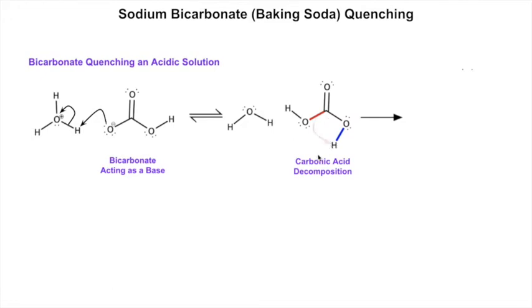It decomposes to, in this mechanism, this is what I believe the mechanism is, because it's so quick, I'm thinking it's got to be unimolecular. And what it'll do is create more water, not acidic, and carbon dioxide, which bubbles away, and that's what we see when we add the bicarb to the acidic solution, we see the bubbles form. This is also what you see when you dissolve an Alka-Seltzer tablet or an Airborne tablet.